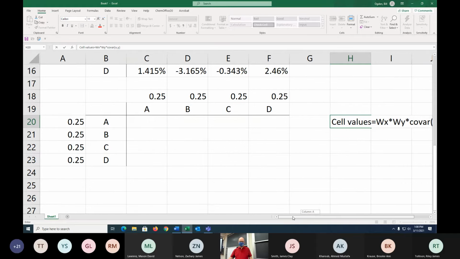So let's go back over here. So we know the weights are 25, 25, right? So let's fill in this one.